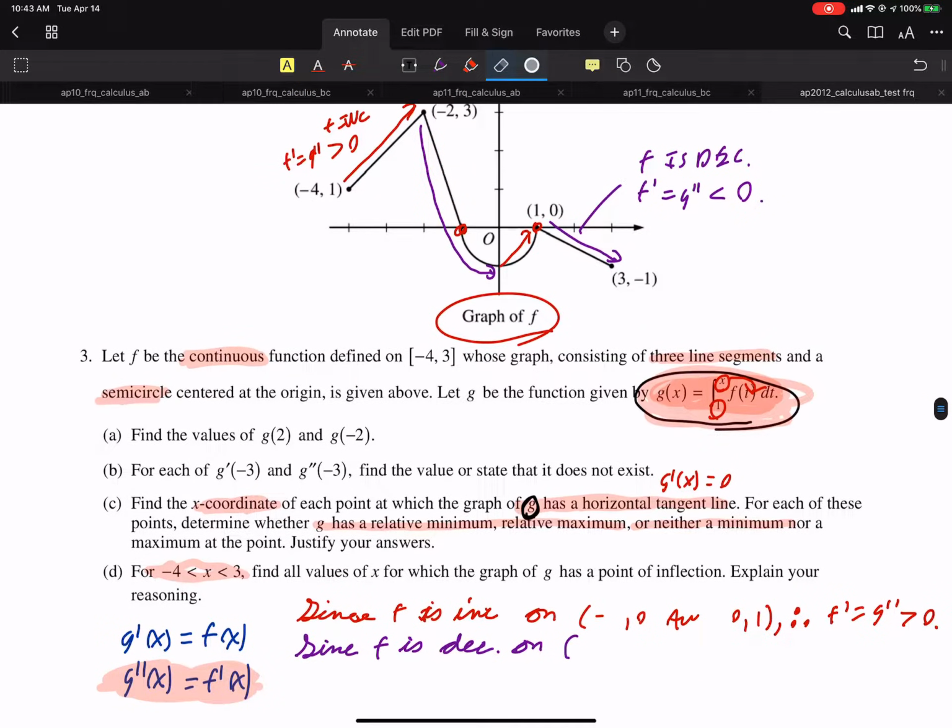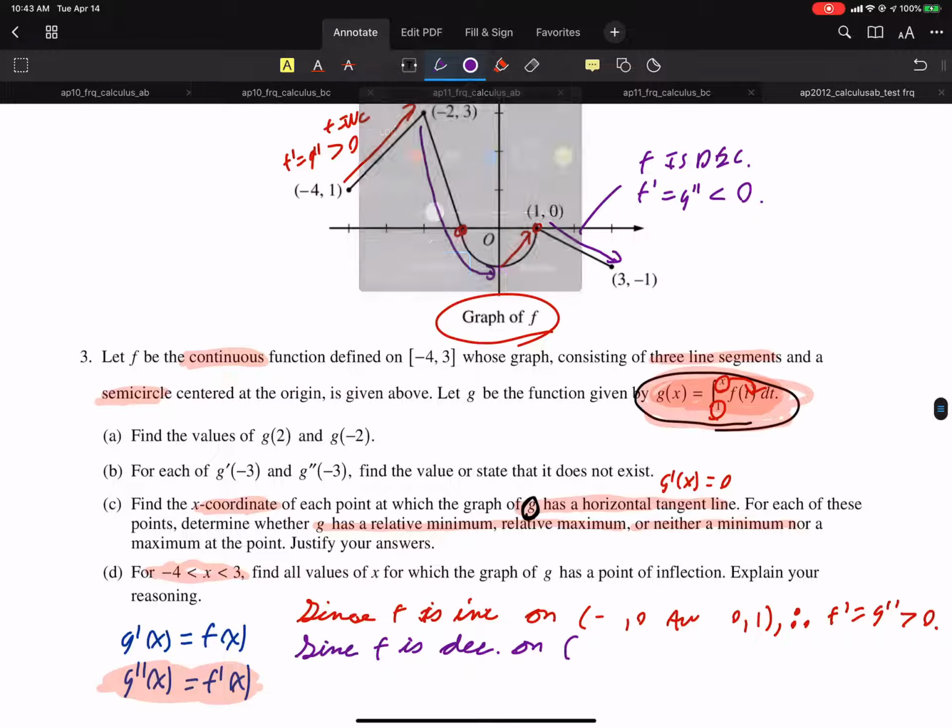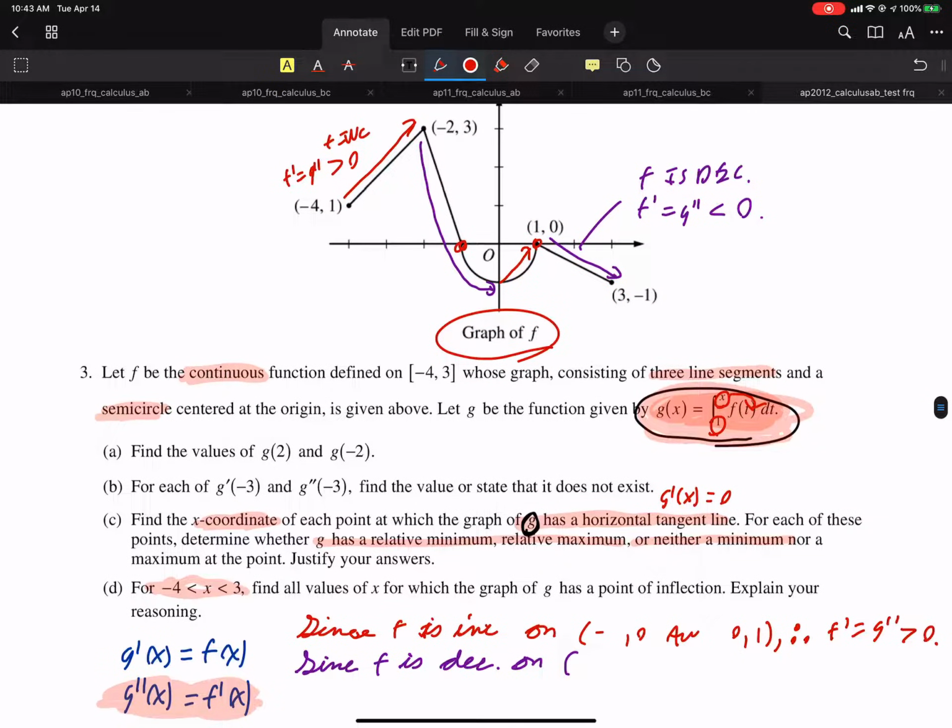Okay, here we go. Let me fix all this ugliness. Sorry. So f is increasing from -4 to -2, and 0 to 1. Okay, that's better.